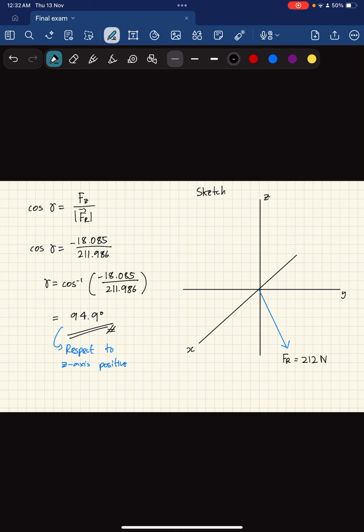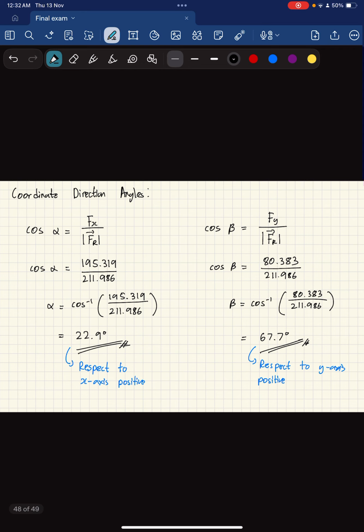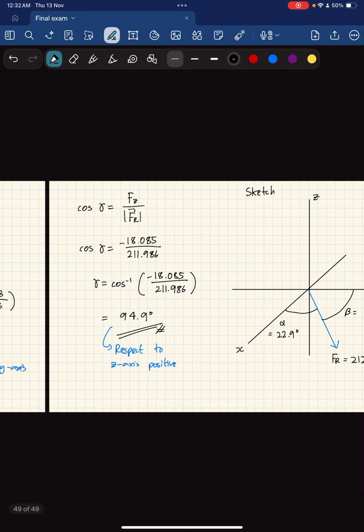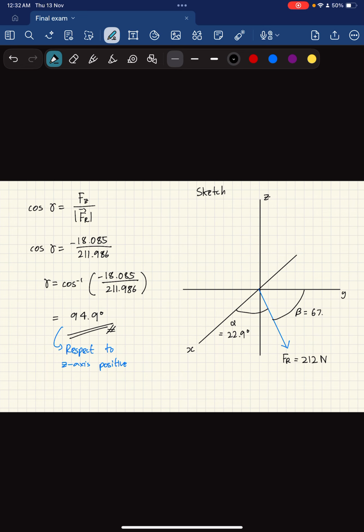Then we have the angles: our alpha is 22.9 degrees, our beta is 67.7 degrees, and our gamma is 94.9 degrees.